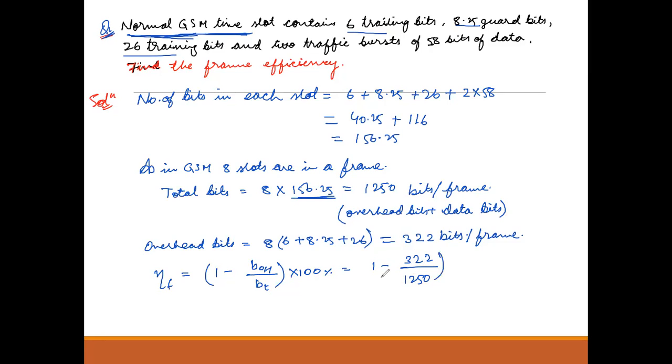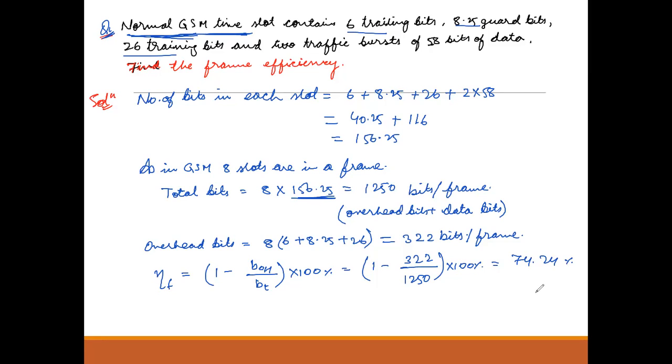So here we will have 100%, it will be 74.24%. Okay, so in this way it is the value, or the efficiency, of this GSM system. Okay, so now we will proceed further for our next topic.